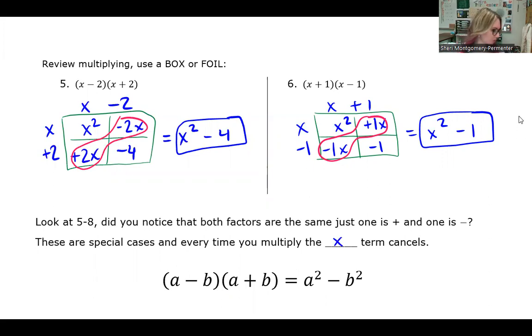So every time you multiply and you have the factors and they're exactly the same, and one is plus, one is minus, you end up with this pattern that it will always turn into the first thing squared minus the second thing squared. So that's what we got. It was the first thing, which is x squared, minus the second thing, it's 2. 2 times 2 is 4. So first thing minus the second thing squared.